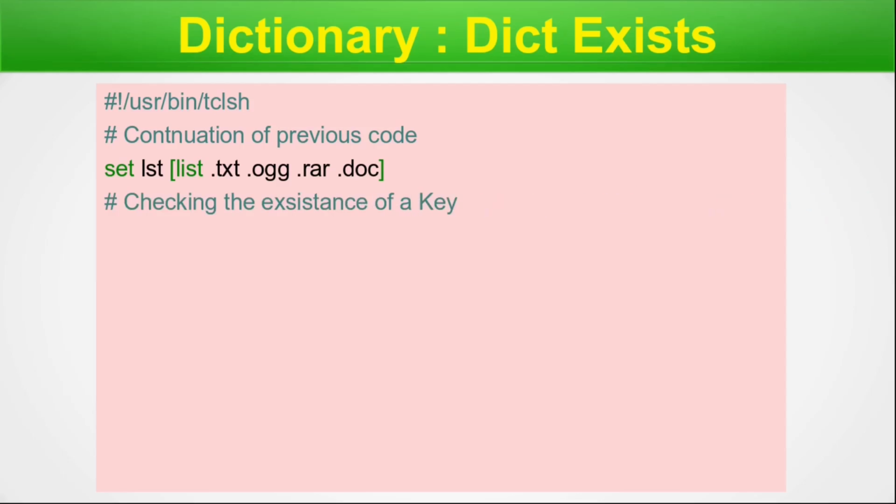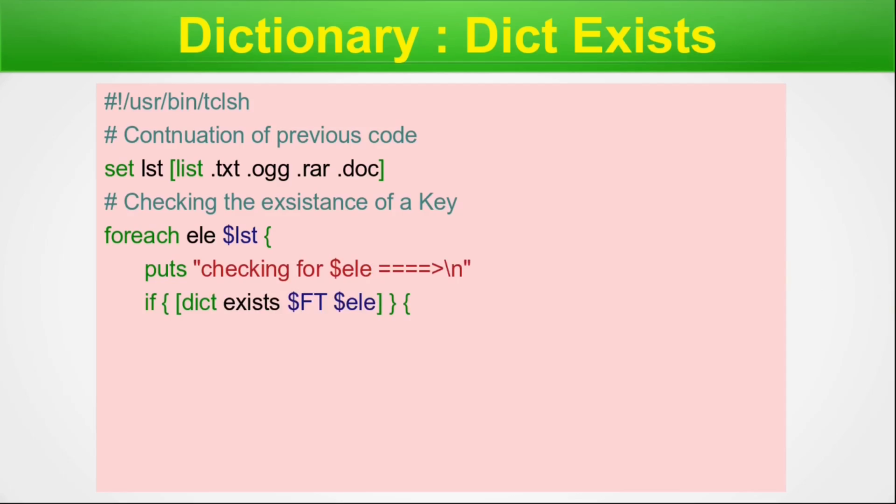Let's now iterate over this list and see whether the elements of the list exist in the declared dictionary. So foreach element of lst, we are iterating over the list, and we will be checking on the dictionary. For checking the existence of a dictionary element, we use dict exists. So we are directly using it inside the if with square brackets, where it will return a value. If the value is positive, we say it exists.